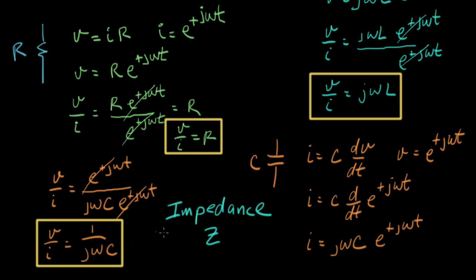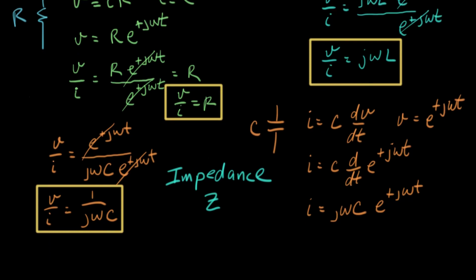And the idea includes both the values of the components and the effect that frequency has on the voltage to current ratio. So both of those things are combined into one idea.